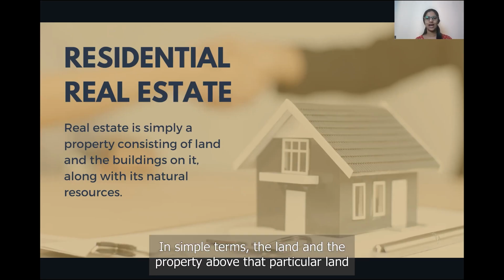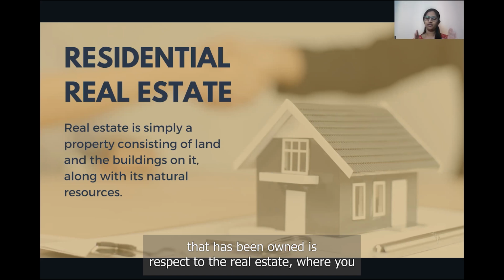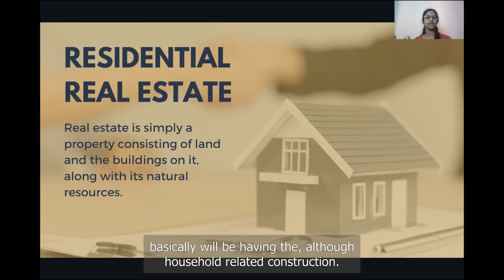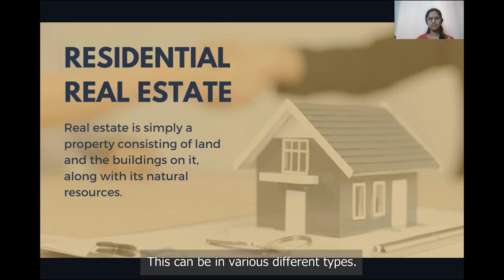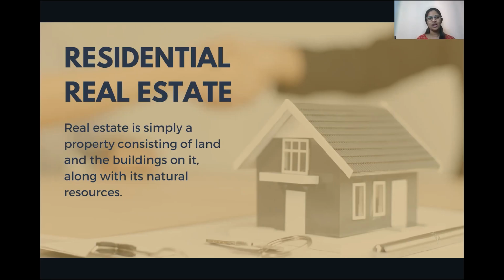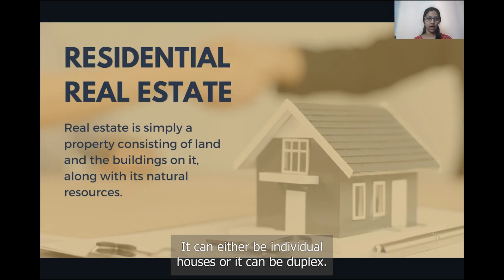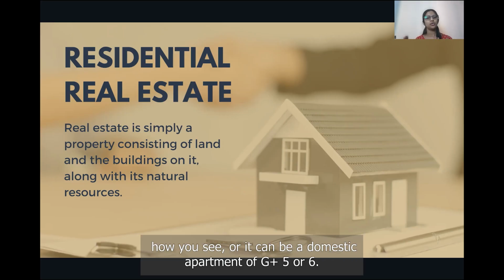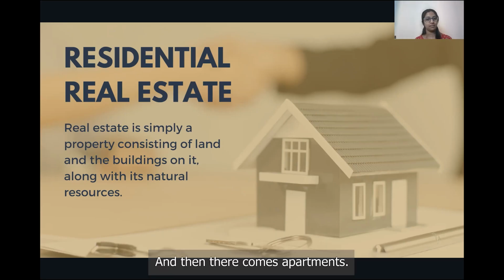In simple terms, the land and the property above that particular land that is owned is with respect to real estate, where you basically will be having all the household related constructions. This can be of various different types. Residential real estate can either be individual houses, or duplexes, or a domestic apartment of G+4 or 5, and then there come apartments.